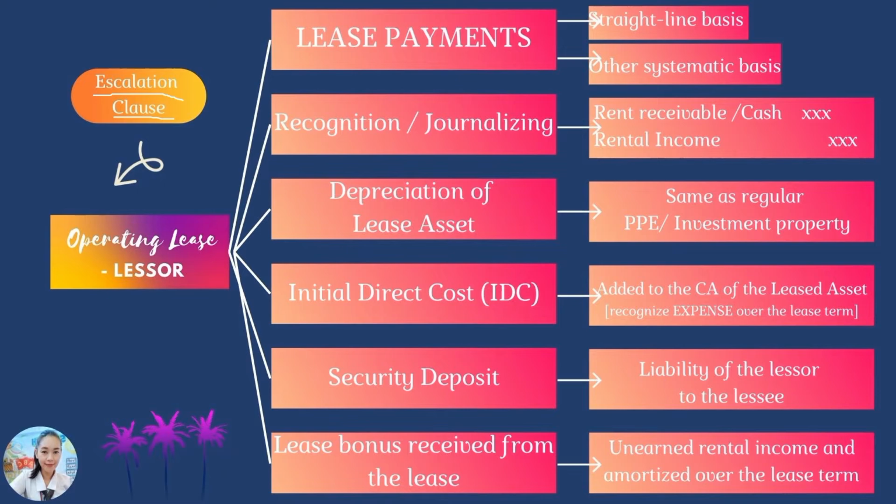Alright? So, no worries. Later on, as we progress in our discussion, there will be examples in order for you to understand even better. Alright? Now, let's go to lease payments.